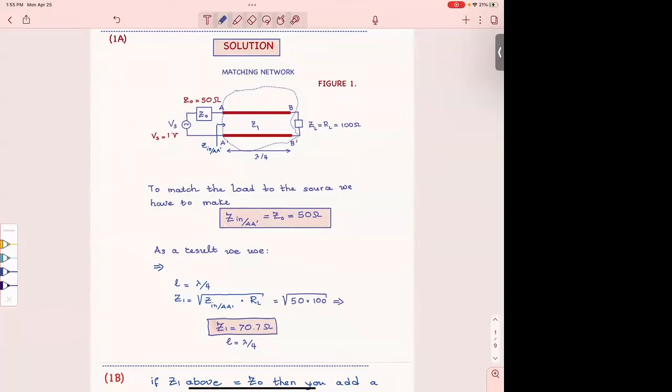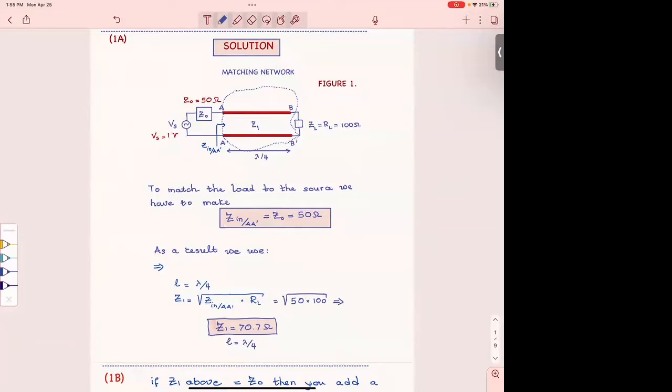To match this load to the internal impedance of the source, we need to use a quarter wave in length, and Z1 is the square root of the product of the two values you want to transform.